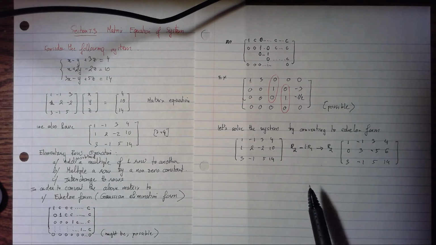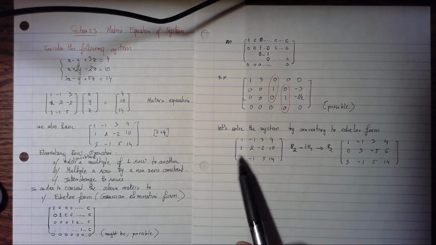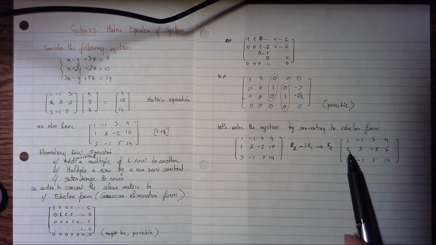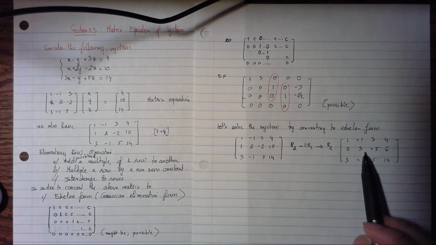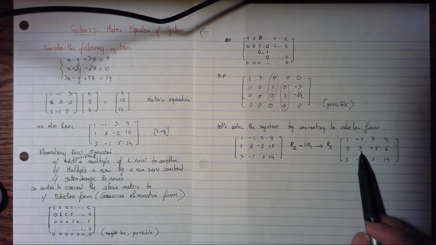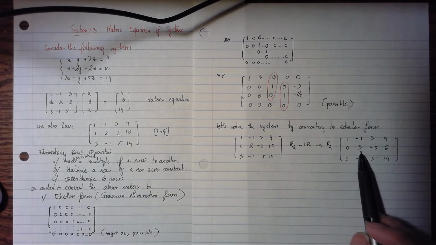The reason I subtract row 1 is because 1 minus 1 gives you 0. In echelon form, you always have 0 on the left. Now you want to have 1 over here.